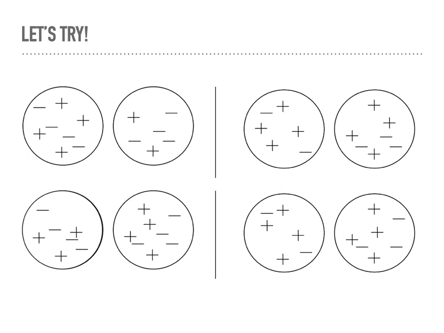So let's try this together now. We have a couple sets of balls here. In this first section, if we count the positives and the negatives, you'll see that one is neutrally charged and one is negatively charged. Are they going to attract or repel? They're two different charges, they're not the same, so they are going to attract each other.